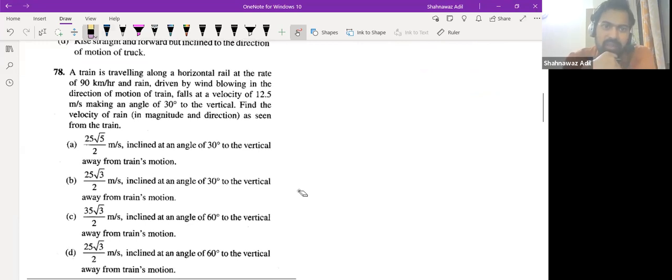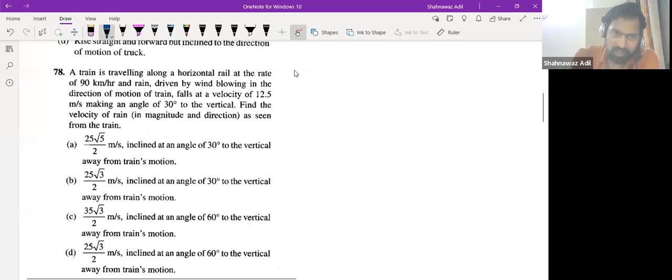A train is traveling along a horizontal rail at the rate of 90 kilometers per hour, and rain driven by wind blowing in the direction of motion falls at a velocity of 12.5 meter per second, making an angle of 30 degrees to the vertical. Find the velocity of rain as seen from the train, right?